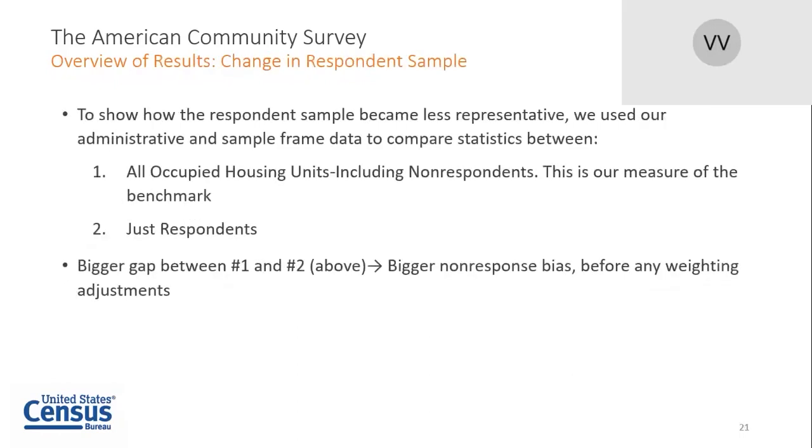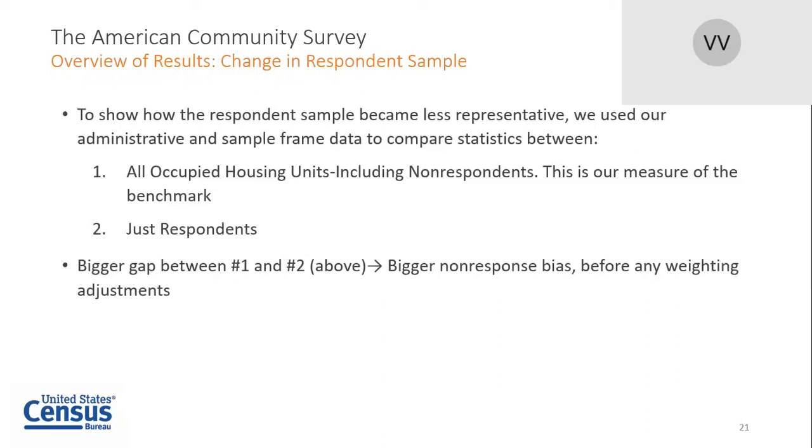All right, so that's basically an overview of what the experimental weights are and how they're constructed. Next, I'll share a few more details from the technical paper describing these weights. First, I'll provide some more evidence on how the respondent sample in ACS changed during the pandemic.